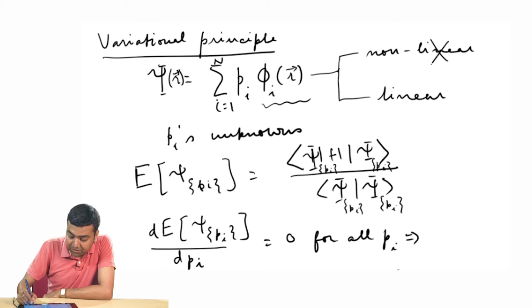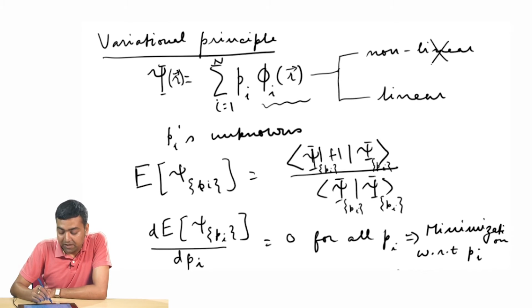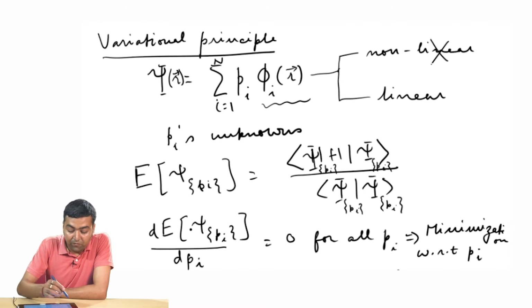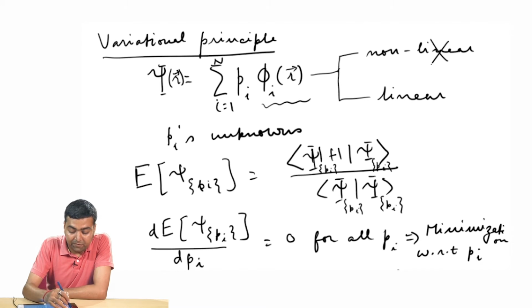This is nothing but minimization with respect to p i. Using this minimization I can get the values of the p i's. Once I get the values of the p i's, I know the form of the wave function, and I can also find the corresponding eigenvalues, and I can get the ground state energy of my system.